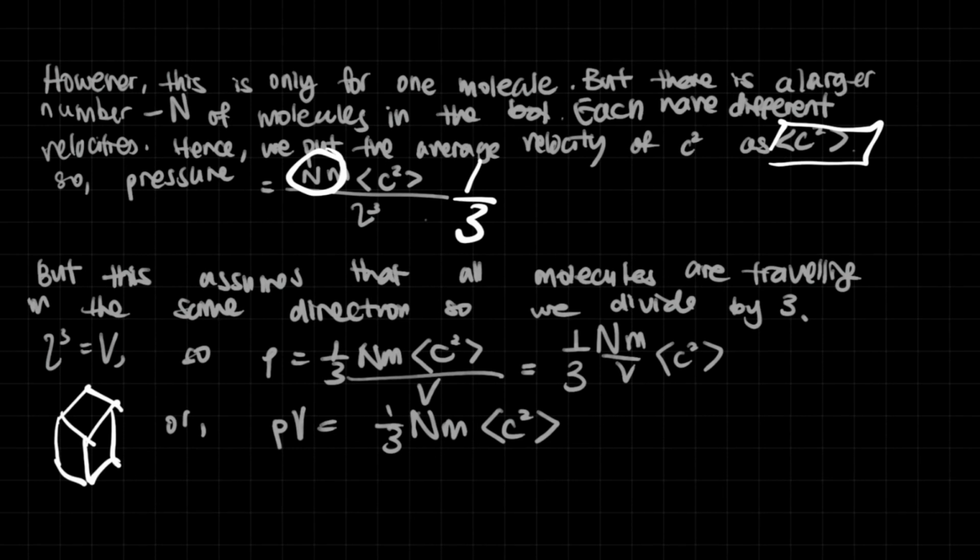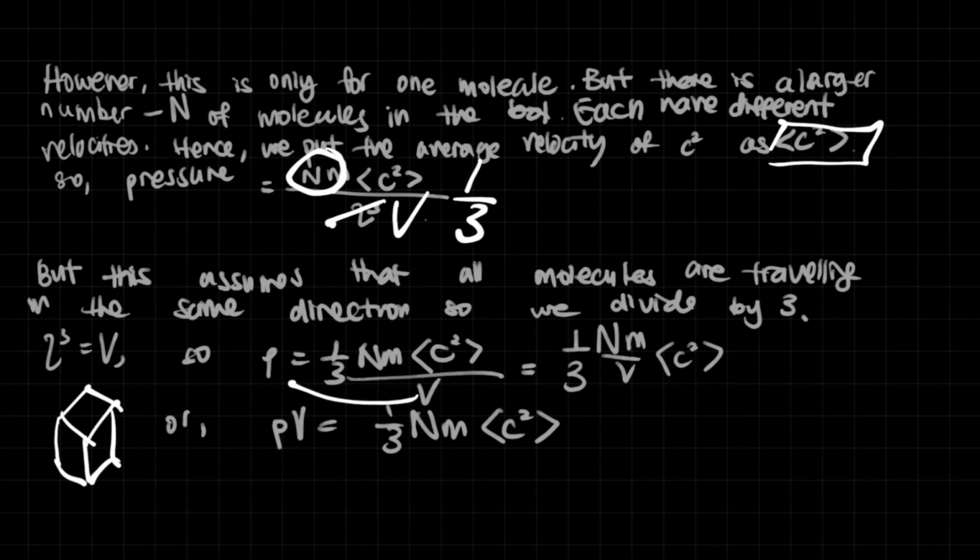And then we're also going to replace this L cubed with V to make it simpler. So we get the final equation, which is that rho, or pressure, is 1 over 3 N m average velocity squared divided by volume. Now, you can also say it in this way.